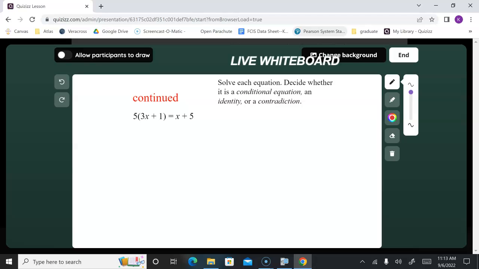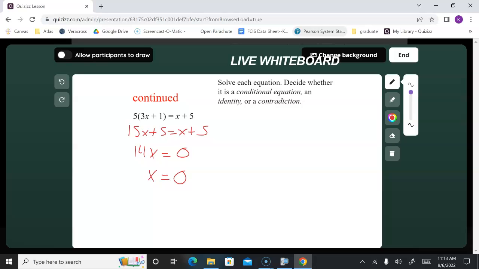What do I do first? Distribute. 15x plus 5 equals... Subtract 5. No. Well, it's not a false statement.